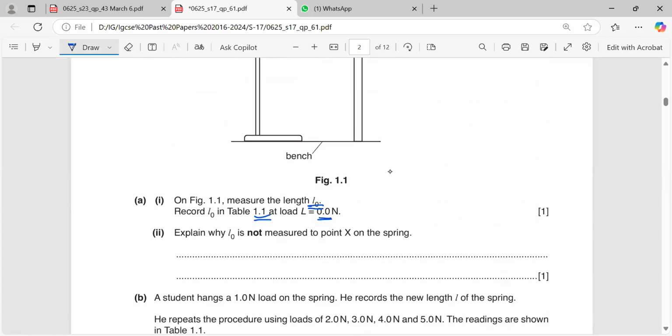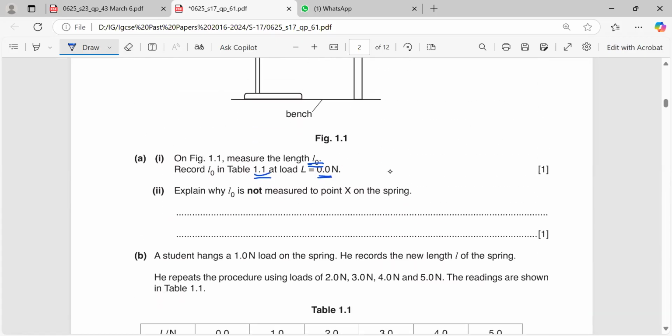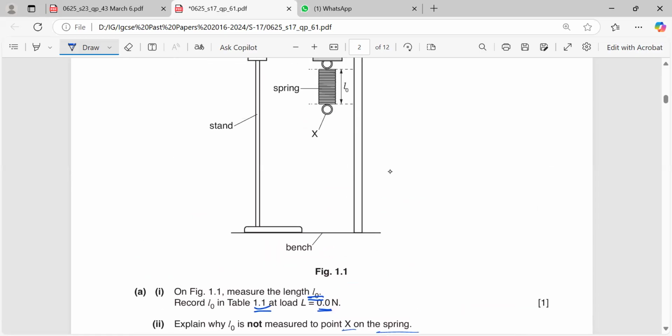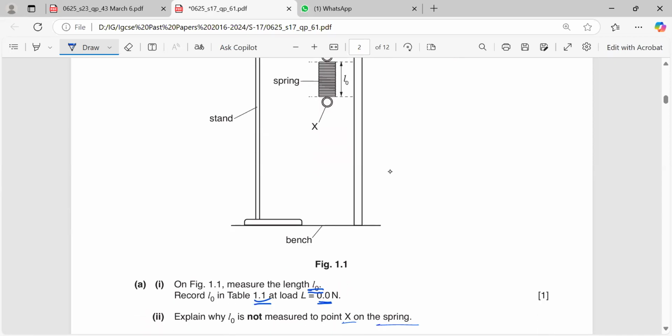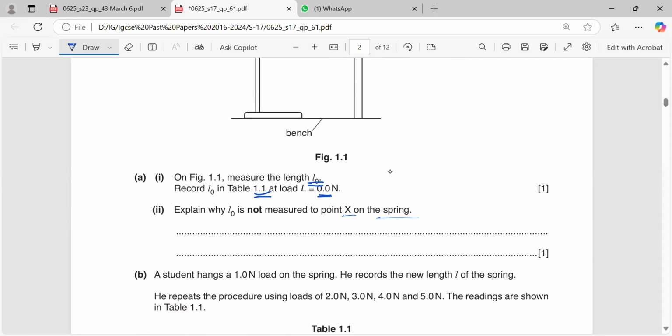Then explain why L0 is not measured to point X on the spring. He's actually asking why the hooks are not included in the length of the spring. When we attach the load, only the coils of the spring will extend, the hooks will not extend with the load.